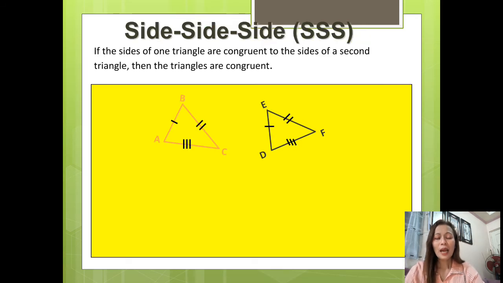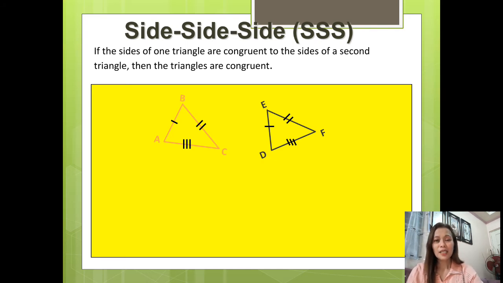Next, we have SSS, side, side, side. If the sides of one triangle are congruent to the sides of a second triangle, then the triangles are congruent. Again, we have triangle ABC and triangle DEF.